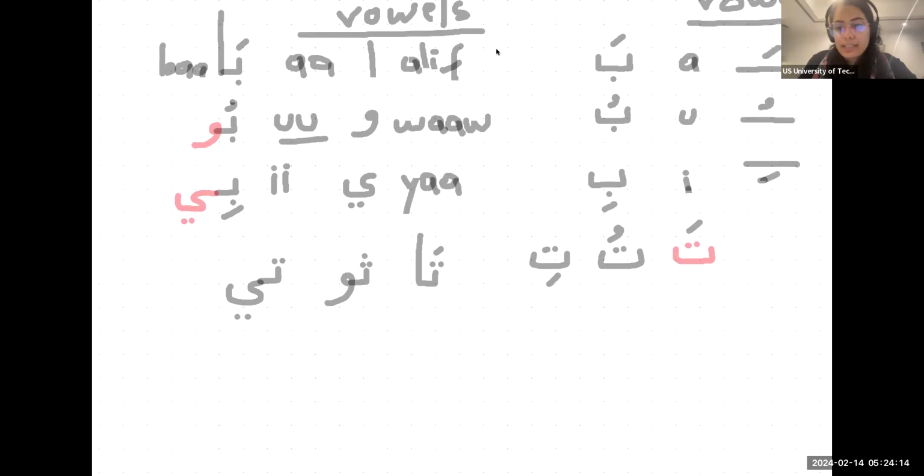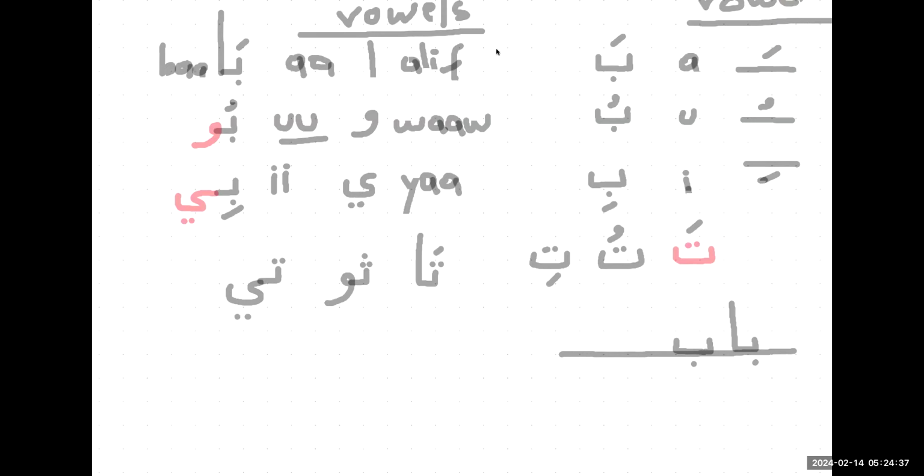So let's try to read this word together. Let's pretend this is the line and let's try to read this word. I'm going to take the other color. So what is the first letter, Honling, please? Ba.